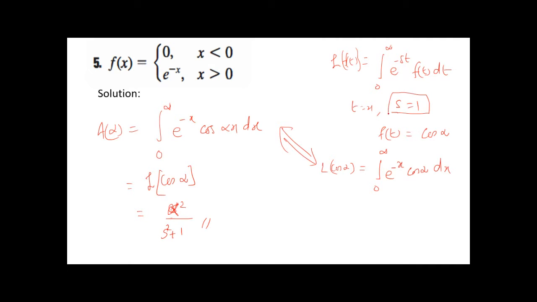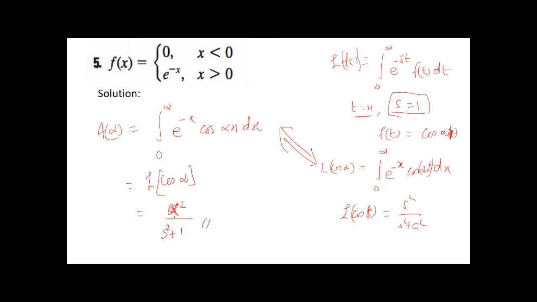Remember, s is 1. We know the Laplace of cosine at is s over s square plus a square, where a is the coefficient of t. Here t is x, and this will be cosine alpha x, so alpha x is alpha t.